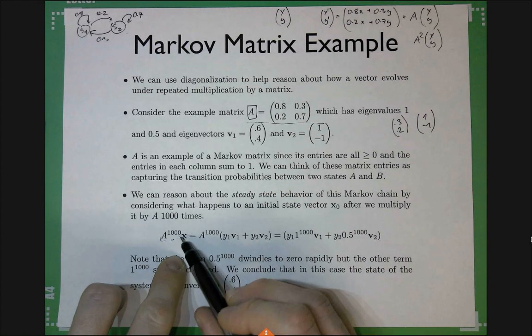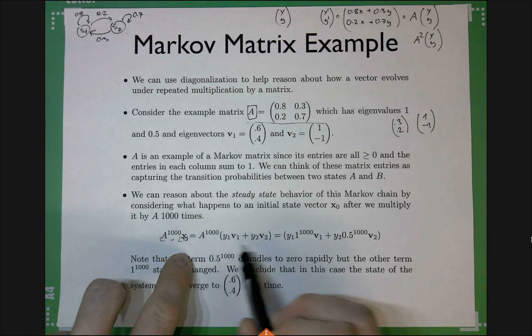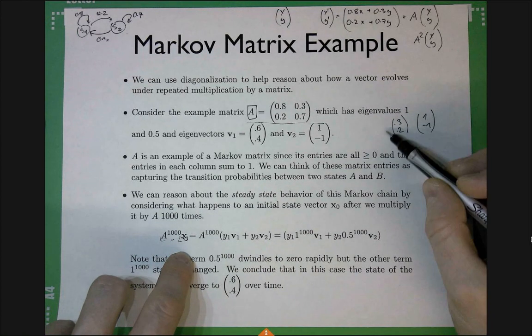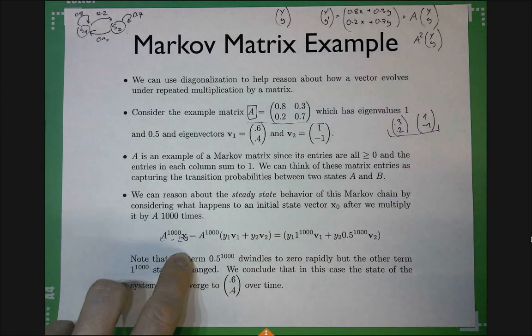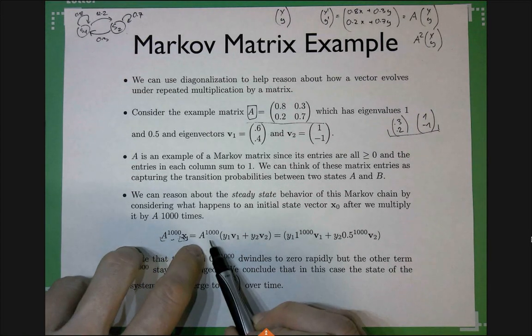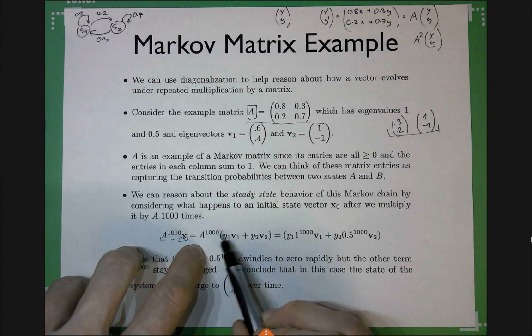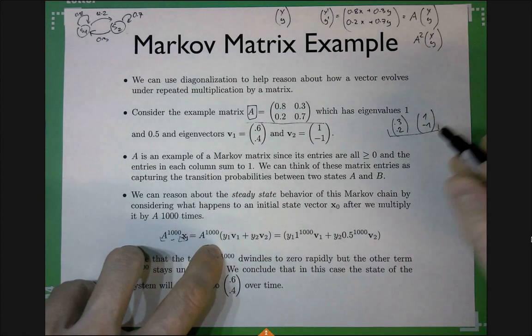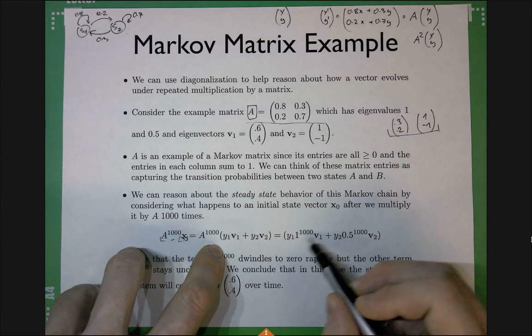And if I express x in the eigenvector basis, so these vectors are linearly independent, form a basis of R2, then the multiplication by A to the 1,000 reduces to just raising to the power the eigenvalues.